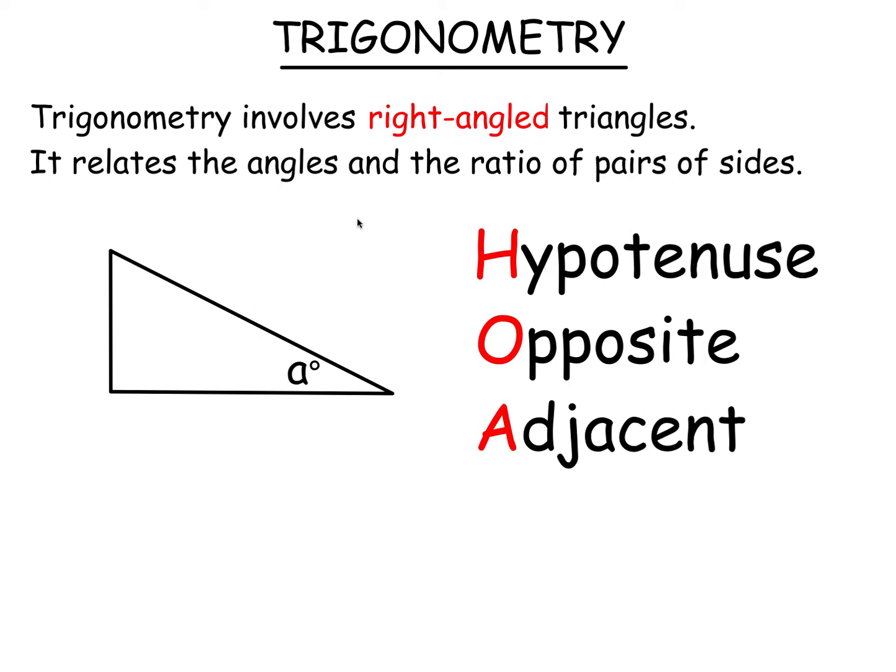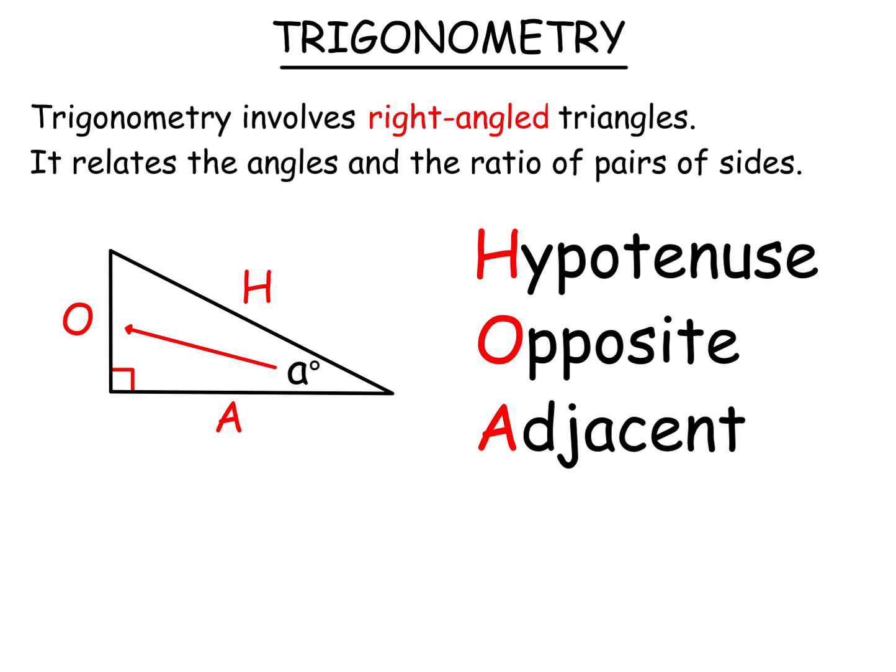The previous video on trigonometry covered right angled triangles and the tangent ratio. We labelled the sides H for hypotenuse, O for the side directly opposite the angle we're dealing with, and the remaining side, which is next to the angle, that's adjacent to the angle, is labelled A. So that's how we labelled the triangles.